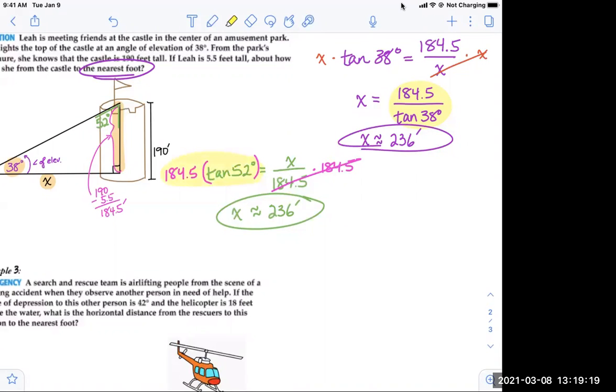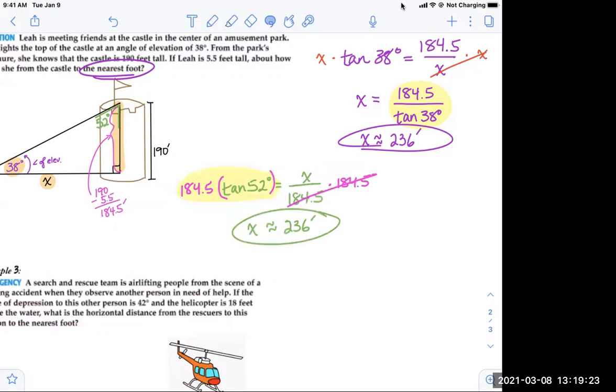Because two people could do this problem differently, one uses 52 degrees and one uses 38 degrees and they get the same answer. Why is that happening? Because the tangents of each of those angles are reciprocals of each other.